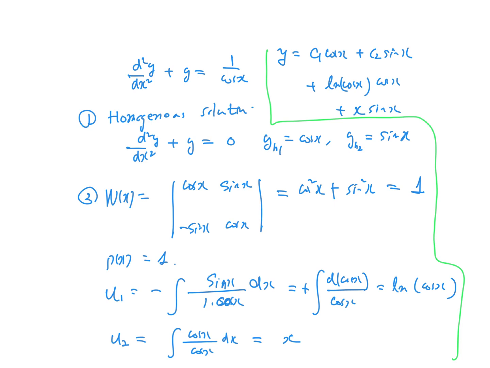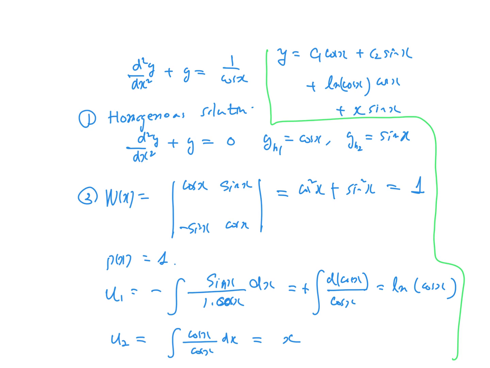So I can give you conditions for C1 and C2, y(0) and y prime(0), and ask for the solution. So this is the general solution. So I can give you maybe y(0) is 1, y prime(0) is 0, or something different. That will give you the answer.